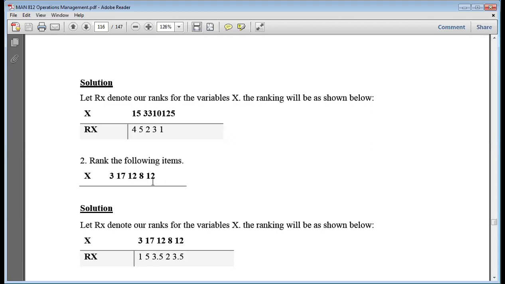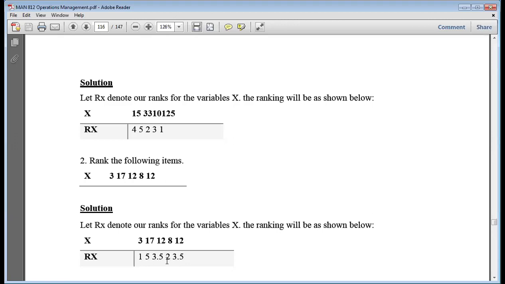The highest one is 5. This one is supposed to be 4 and this one is supposed to be 3, so it means it will now be 3.5. This one also will be 3.5. You can't say 4, 4.